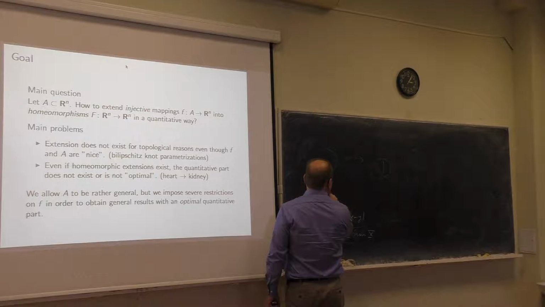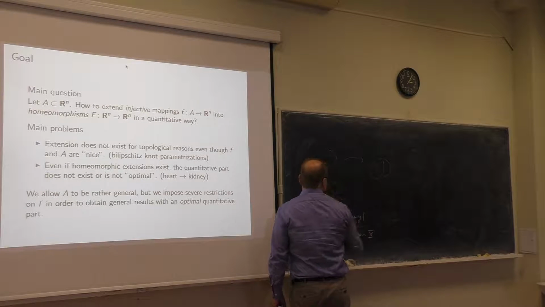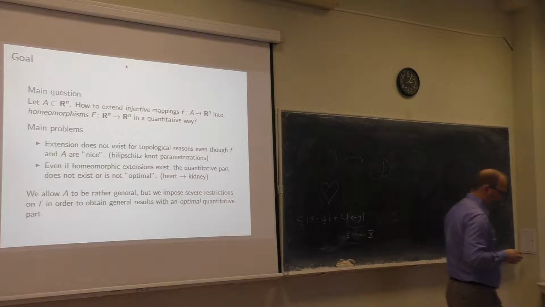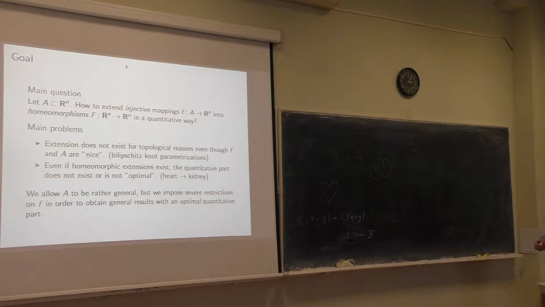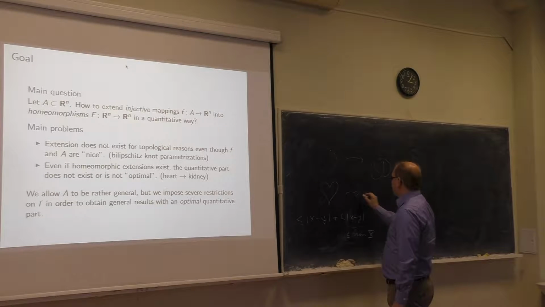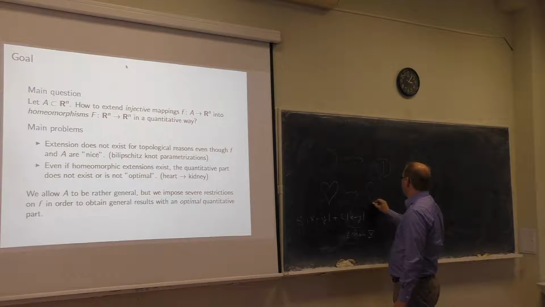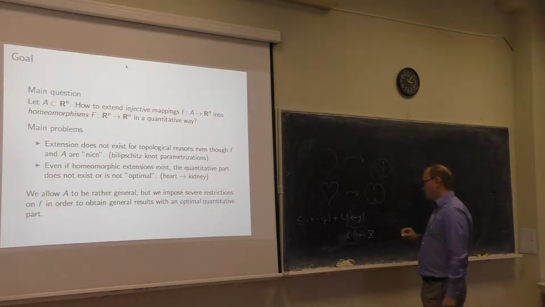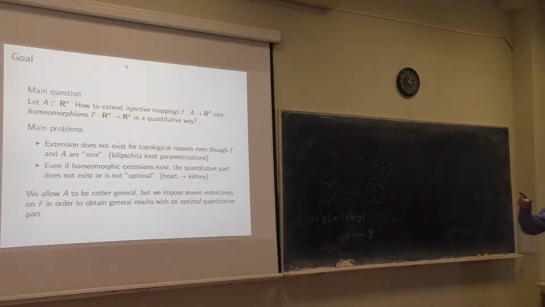So if you ask somebody in the street, is this curve a nice curve, they will say that it's very nice, but mathematicians can do something strange for these curves. So if you map a heart into a kidney, you know what happens if you go to a hospital and this happens, you change kidney and heart and it's very bad.